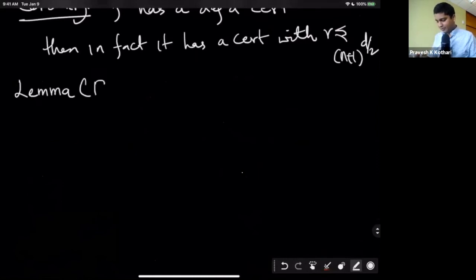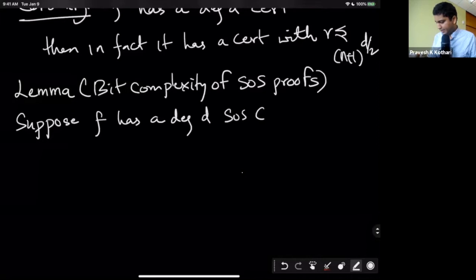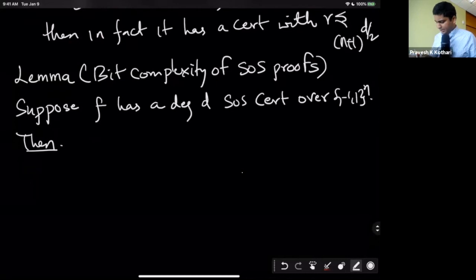So let's call it bit complexity of SOS proofs. So suppose F has a degree D SOS certificate over plus minus 1 to the n, then actually, okay, let's see.